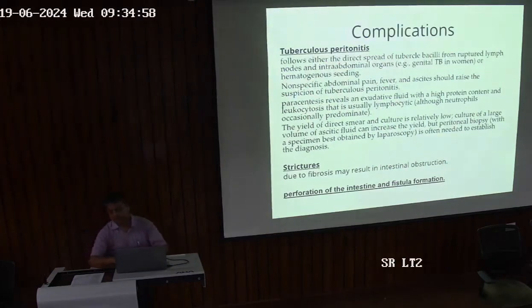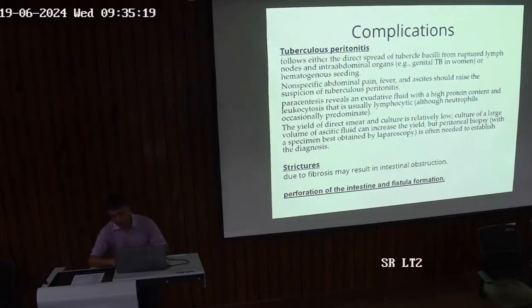So, complications of this disease: tubercular peritonitis, either by direct spread of the bacilli from a ruptured lymph node or by hematogenous spread, which may give rise to non-specific abdominal pain, fever, and ascites.